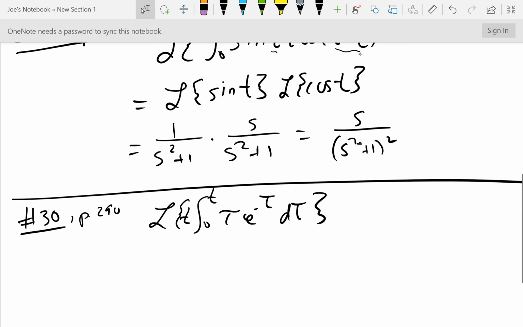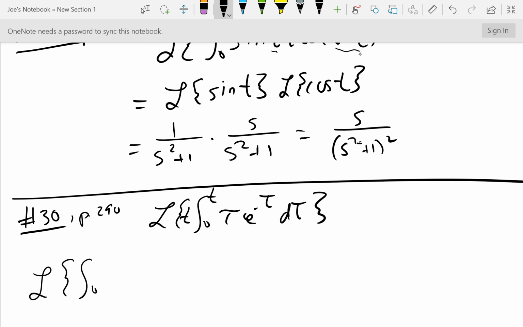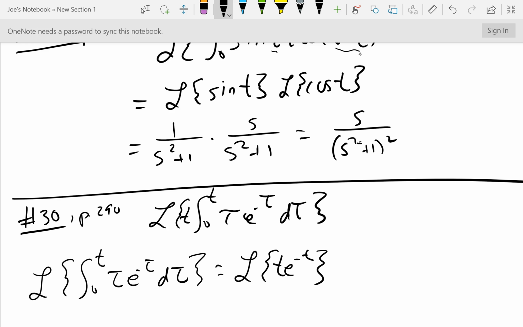So if we were just looking for the Laplace transform of the integral, your second function of t minus tau would just be 1. So this would be the Laplace transform of t e to the minus t times the Laplace transform of 1.